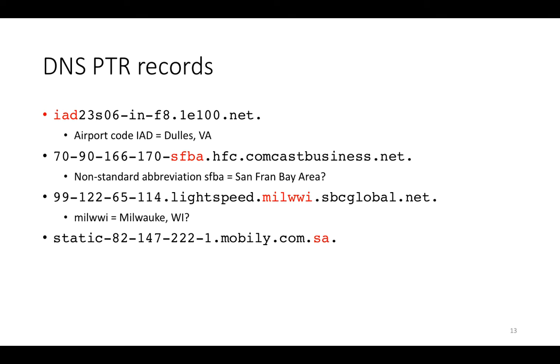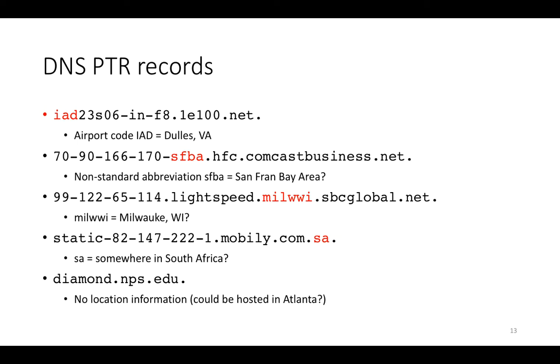Here's an example from a different name. Here, there's really no location information beyond the fact that it's likely in South Africa, although again, this is non-conclusive. Finally, if we have a name such as diamond.nps.edu, here we have no location information. For all we know, diamond.nps.edu could be hosted in Atlanta.